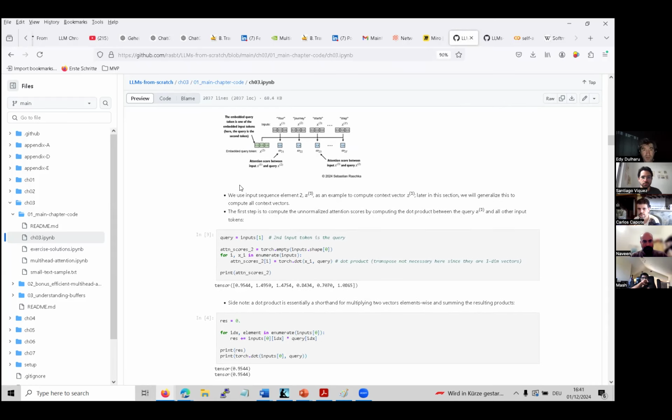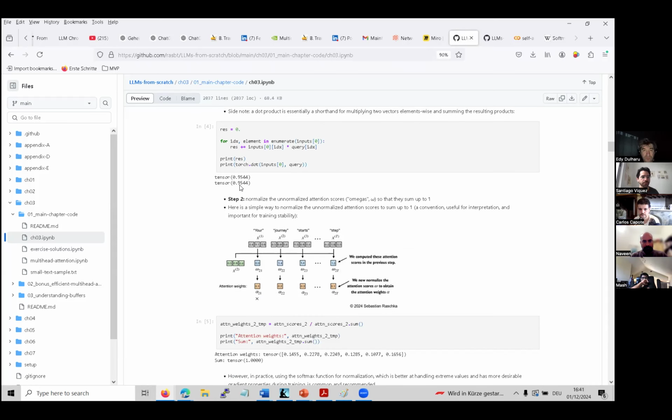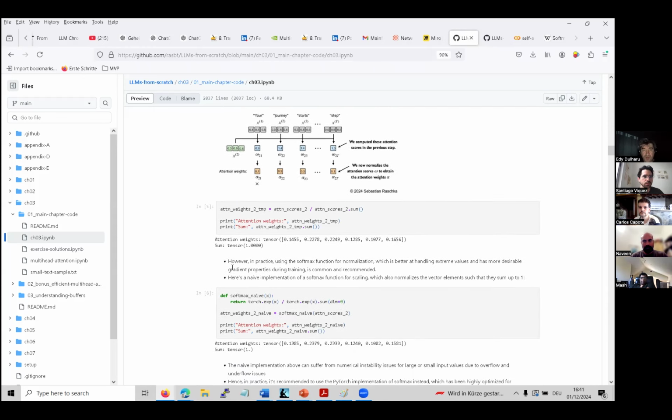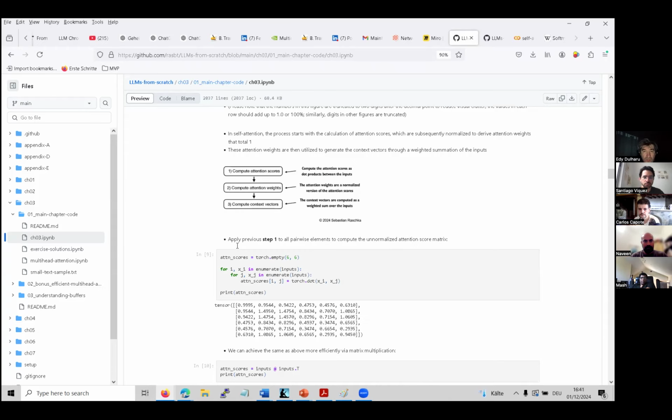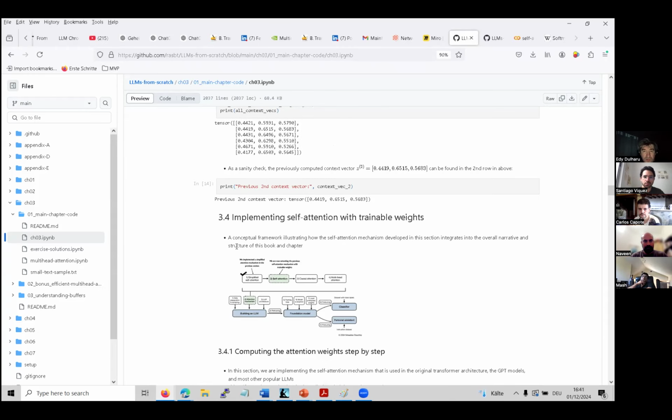Then we need to compute the attention scores according to this picture here. I need to go to the trainable matrices.